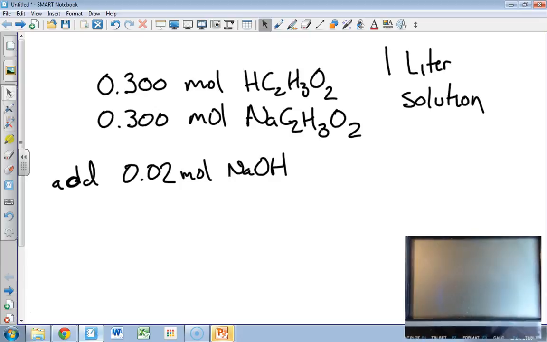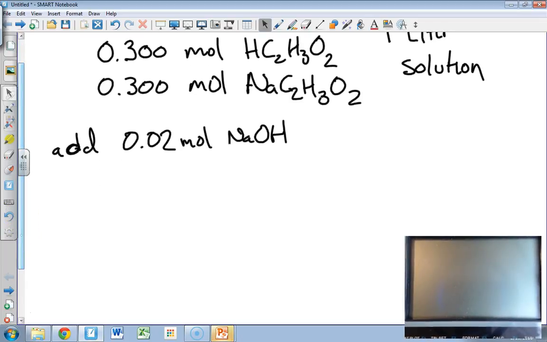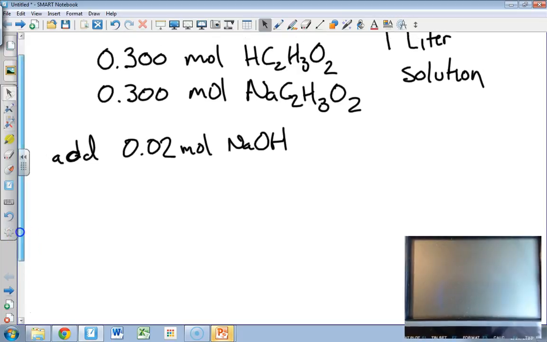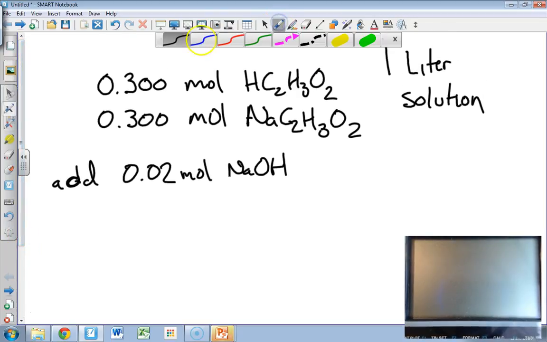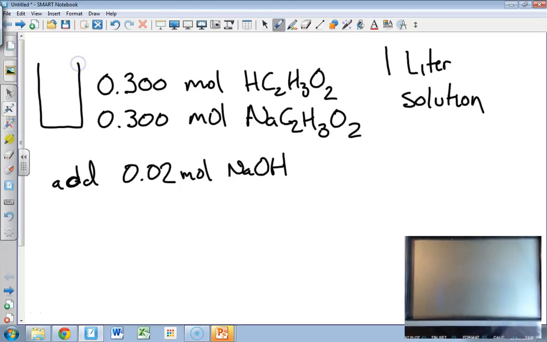so that way we can do the required steps. Before we get started, one of my big things that I like students to be able to do is visualize what's going on. Realize what you have here is a beaker or a flask, and inside the flask you have a solution of this thing, and this thing in blue is a buffer.